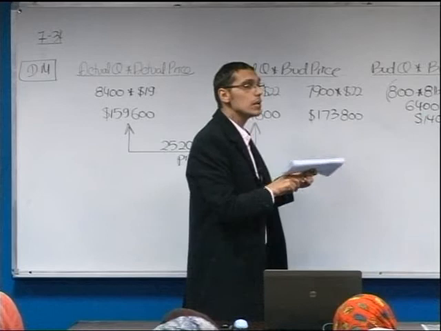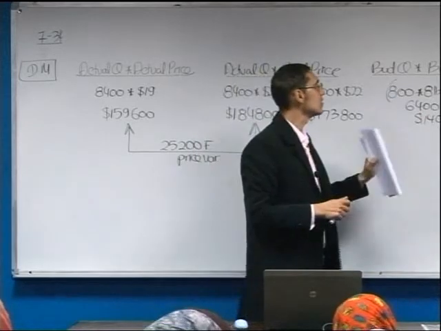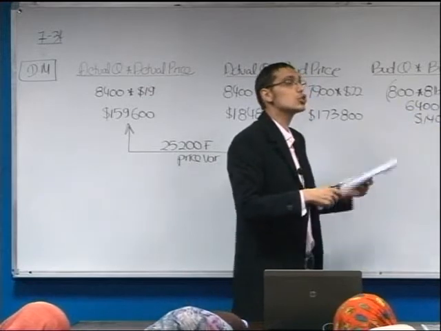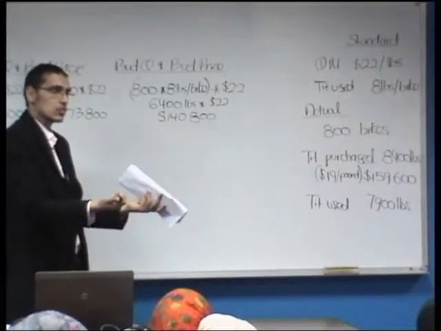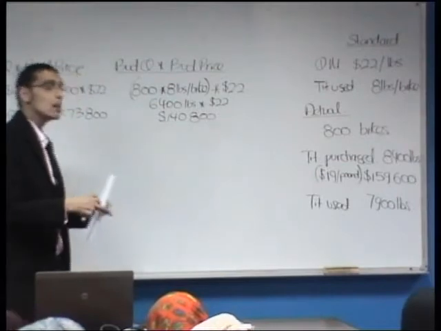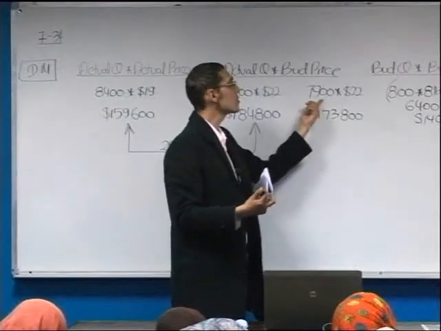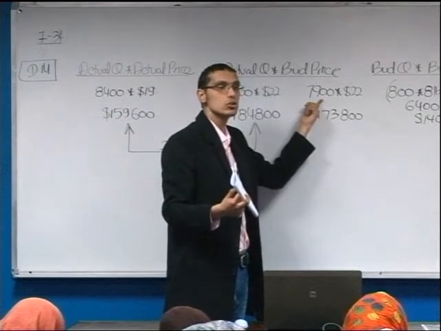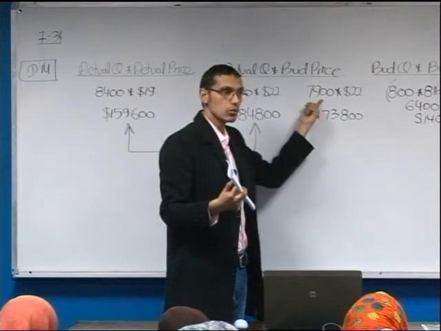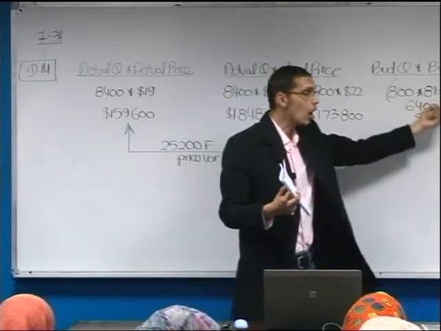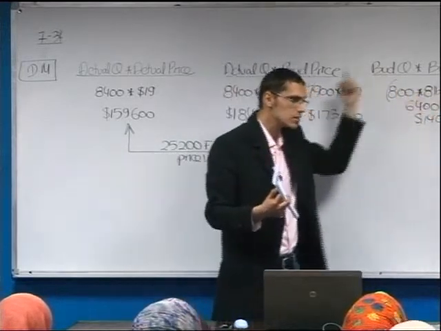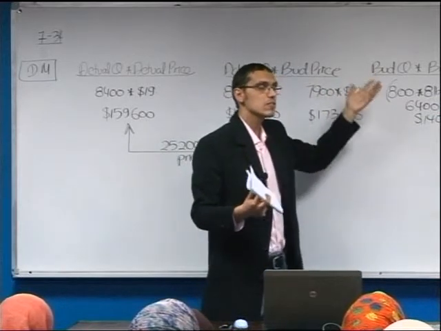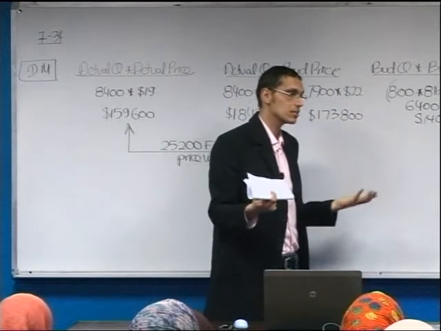As we can see here, we also have one variable. We have the variable of the quantity. As we can see here, this is the budgeted quantity, 6,400. We should have used 6,400 in order to produce 800 bikes. But instead, we use 7,900 pounds according to our actual use of the titanium. Therefore, as we can see here, the only difference between these two numbers is attributable to the quantity, or the difference between the budgeted and actual quantity.